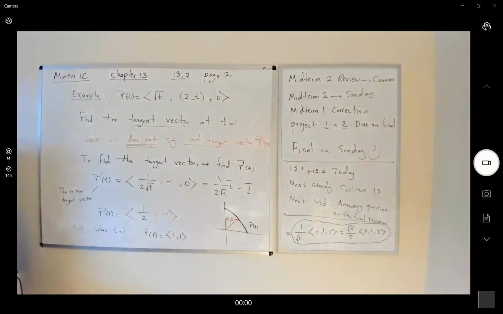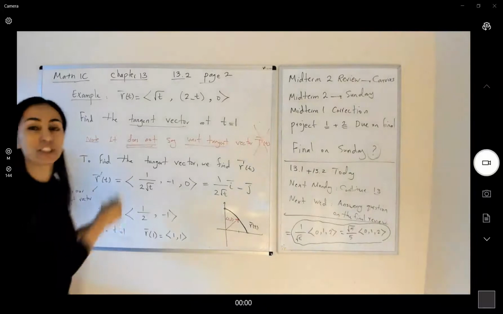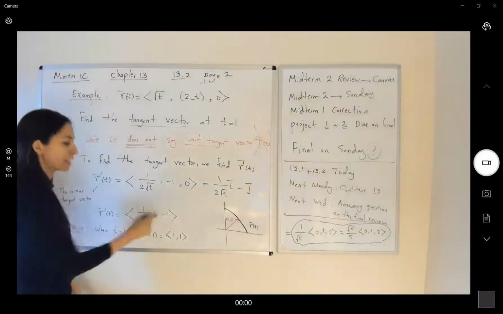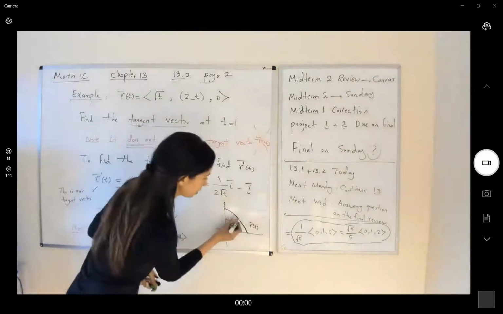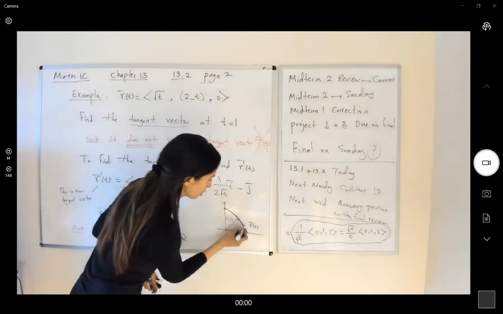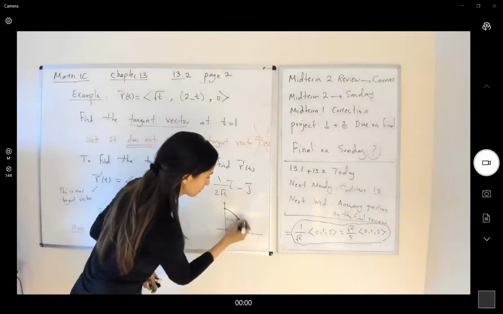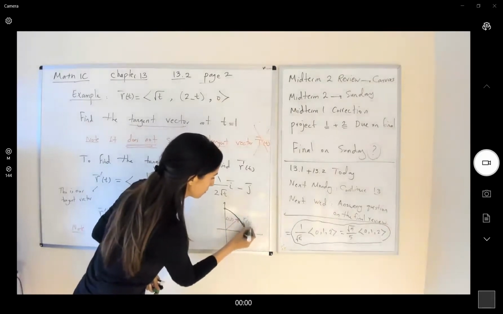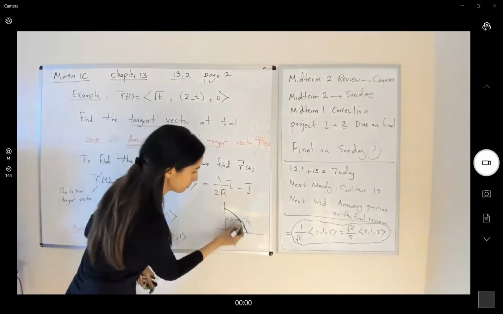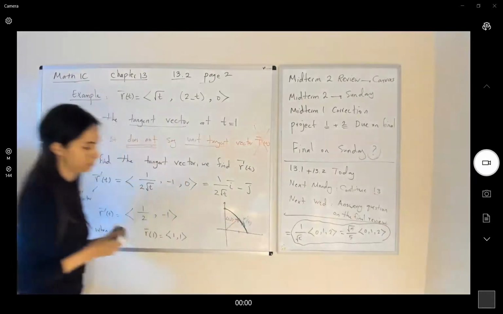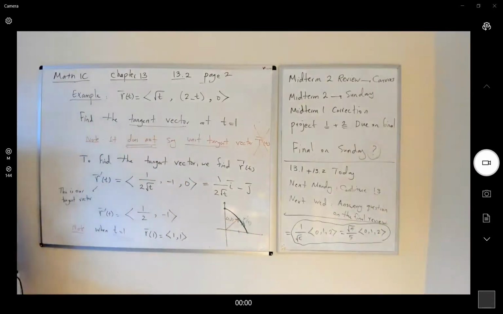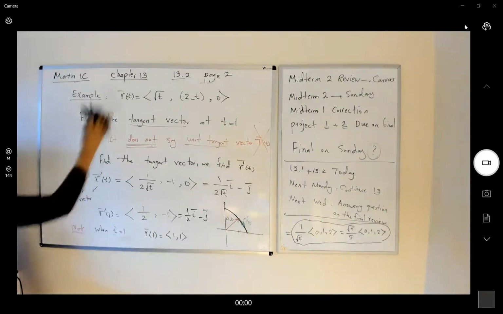Here you have a tangent vector in the direction of negative 1. So this is your tangent, this is r prime of t, the tangent vector. Let's move on to the next example.